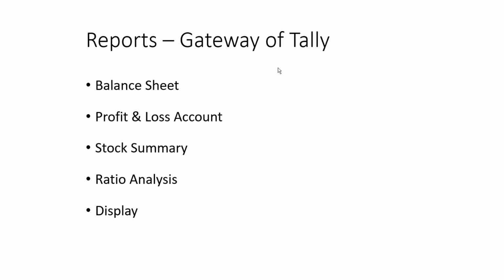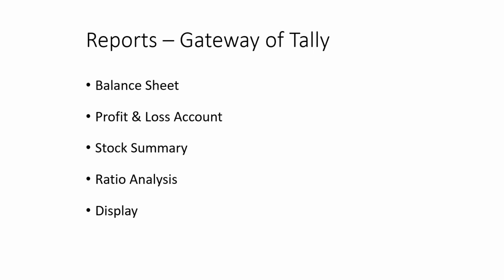From the gateway of Tally, under the reports, we can see balance sheet, profit and loss account, stock summary, ratio analysis. Ratio analysis comes under the financial management. This is one of the powerful tools for financial analysis, and later comes the option display.